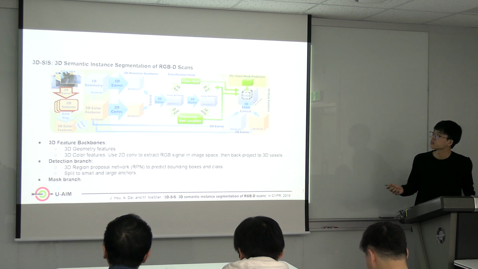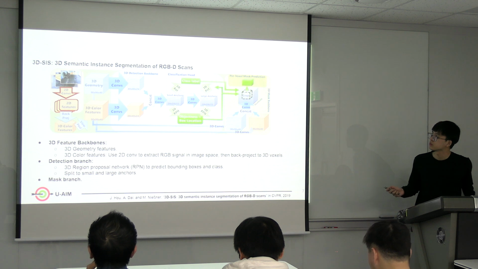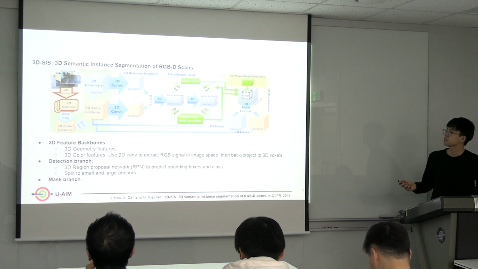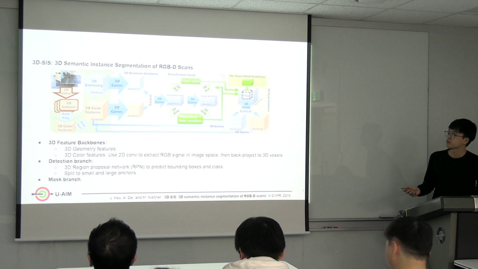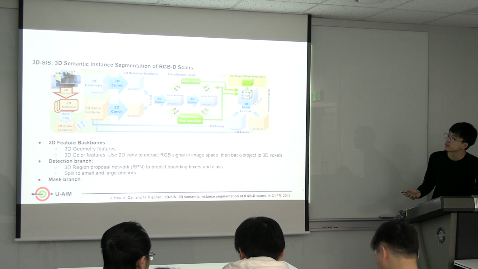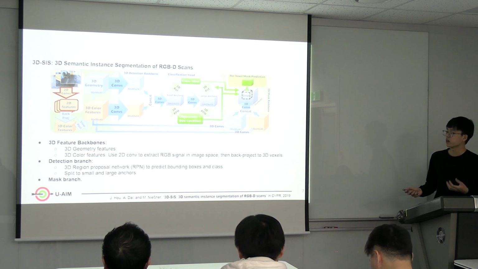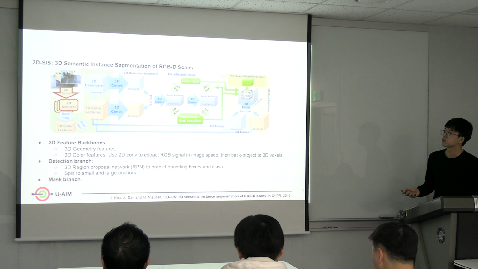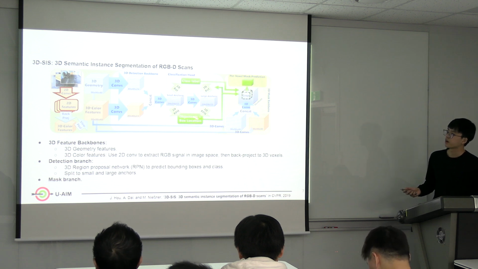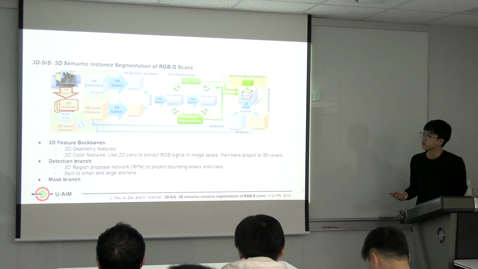In this baseline we have two main branches. The first is the 3D detection backbone, and the second is the 3D mask backbone. In the 3D detection backbone, they aggregate the 3D geometry feature and 3D color feature to get the proposal bounding box. How do they define the proposal bounding box?